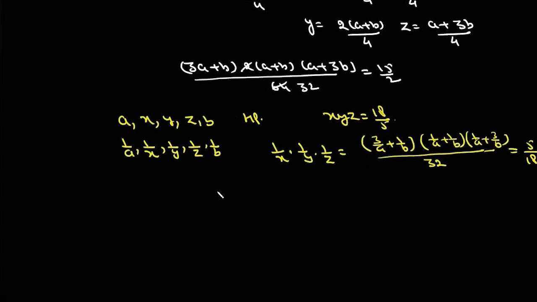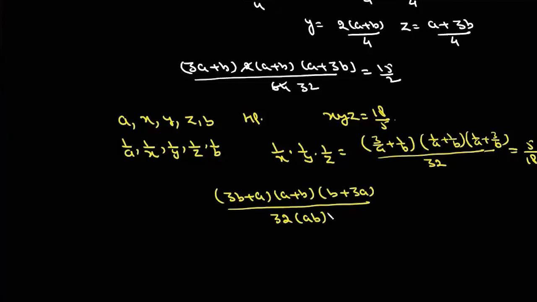So we can write this as 3B plus A into A plus B into B plus 3A upon 32, and this is AB cube will be equal to 5 by 18.